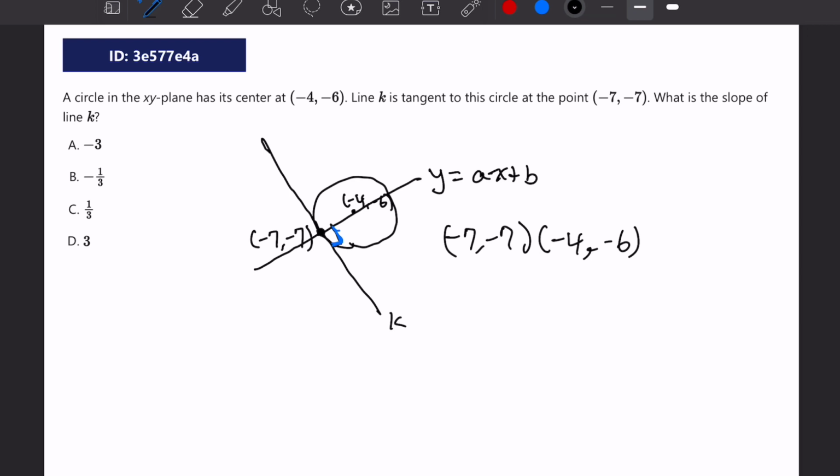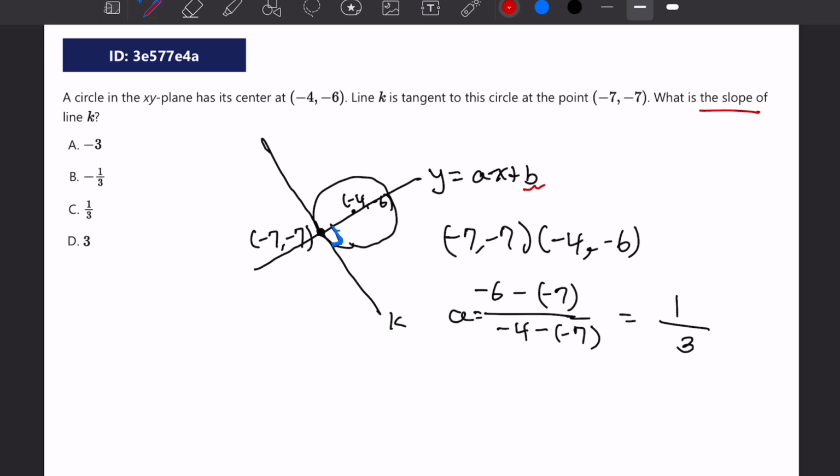So -6 minus -7 over -4 minus -7. This will be the a value, which is equal to 1/3.